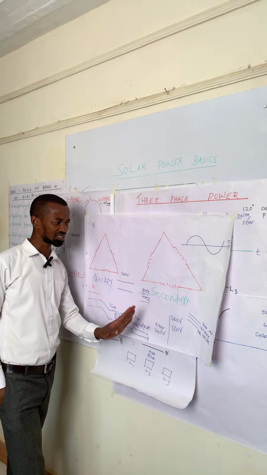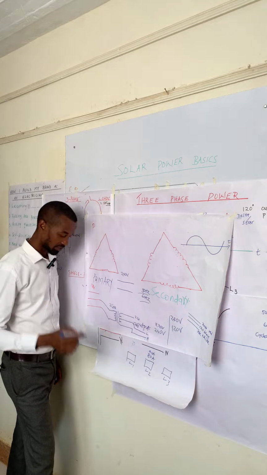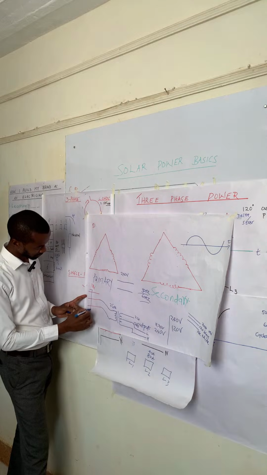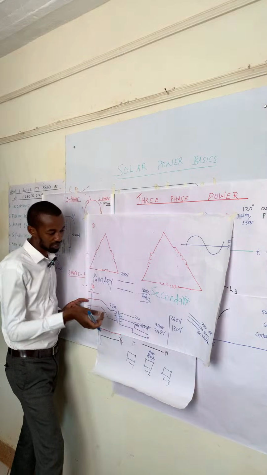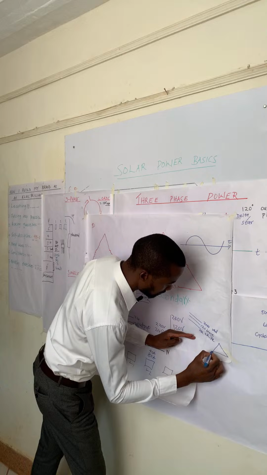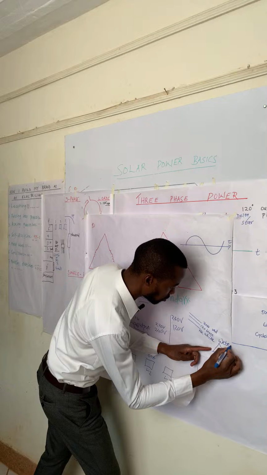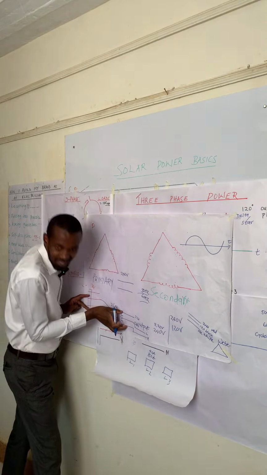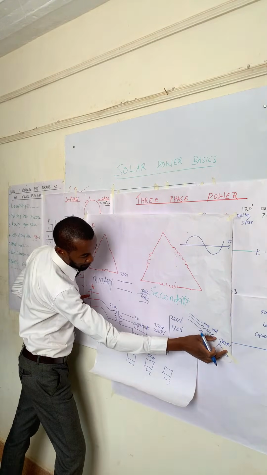So if someone wants to be connected to three phase, they will have to pay the utility company to have the power connected at this point, all right, and have these three conductors, assuming that this customer is residing in a prestigious place in Kenya referred to as Wetevie, right? Or Wete in short.